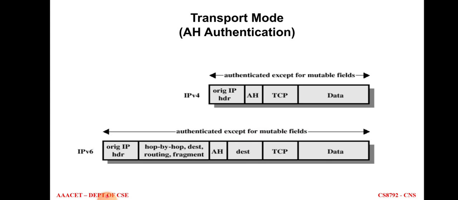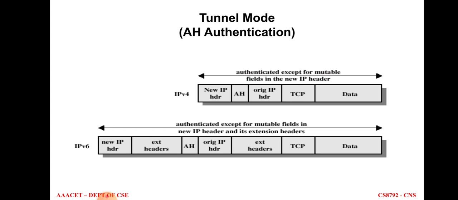In transport mode AH using version 4, the AH is inserted after the original IP header and before the IP payload. In the context of IP version 6, AH is viewed as an end-to-end payload, so AH appears after the IP version 6 base header and hop-by-hop, routing, and fragment extension headers. For both IP version 4 and 6, the authentication covers the entire packet, excluding the mutable fields in the IP header, which are set to 0 for MAC calculation. So this is the concept of transport mode in AH authentication.